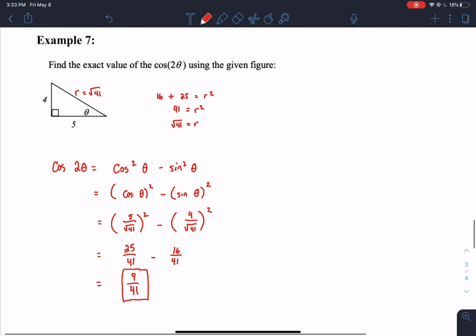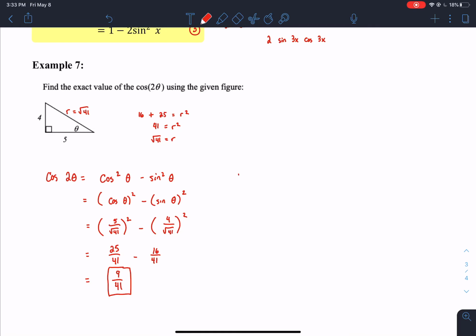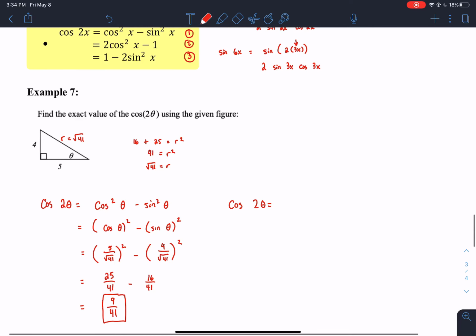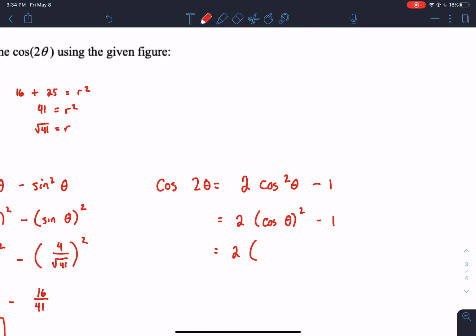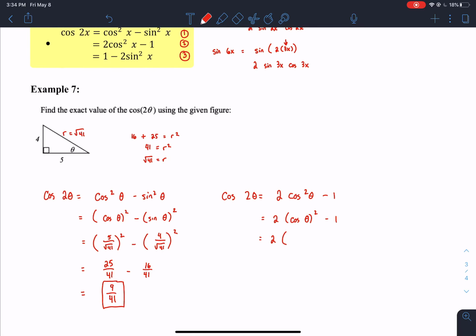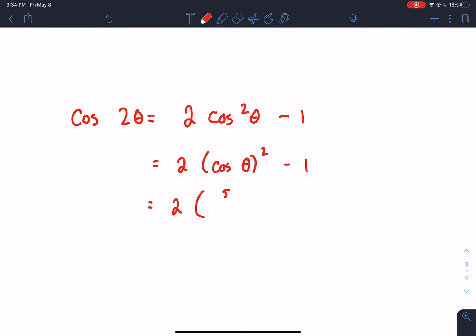Now say you didn't use that formula. Say you used a different one. It should come out to be the same thing. So say we do 2 cosine squared minus 1. So this is now 2 cosine of theta squared. Cosine of theta we said was 5 over root 41. So 5 over root 41 squared minus 1.